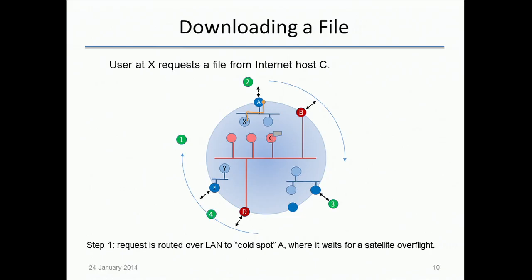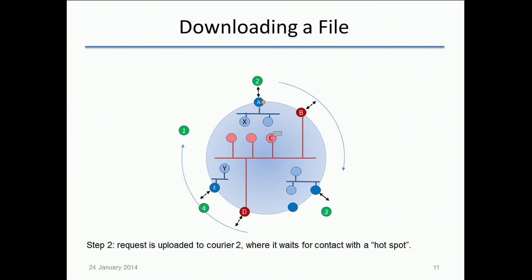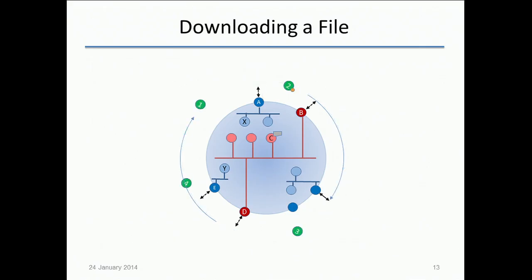Well, fortunately, satellite number 2, courier number 2, is pretty close. So shortly thereafter, here comes satellite 2, and now the request can be uploaded from the cold spot to the satellite, and it goes into memory in the satellite, in the courier. And it just sits there waiting for contact with a hotspot. So the courier satellite continues on its path.